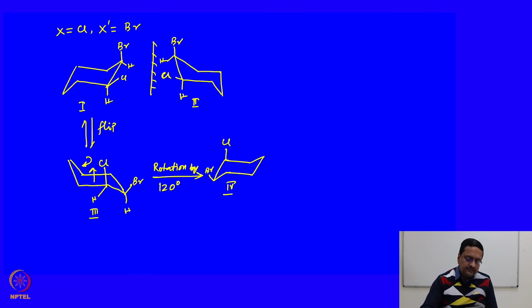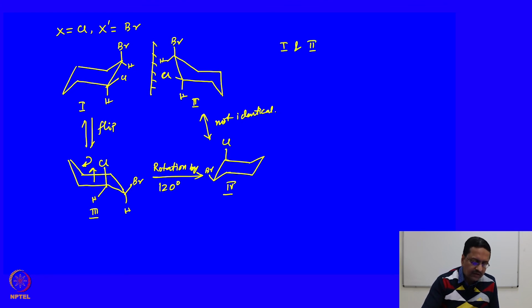So, what we see is that 2 and 4 are not identical, and 1 and 2 are enantiomers, 3 is not the mirror image of 1.